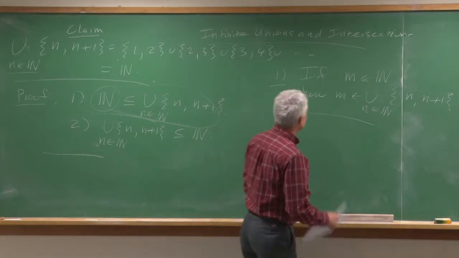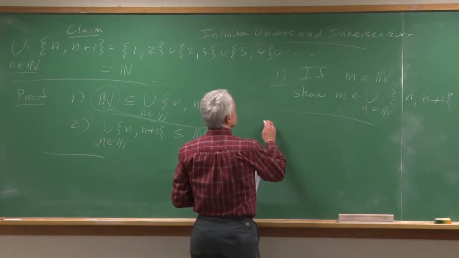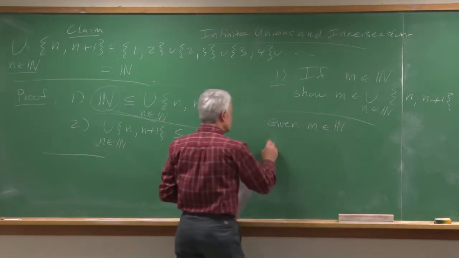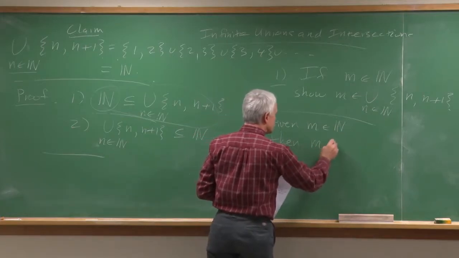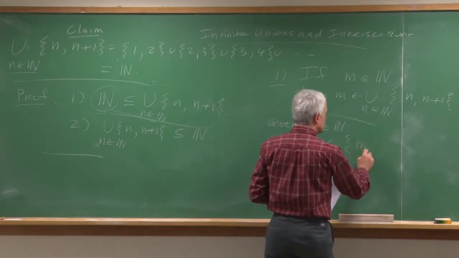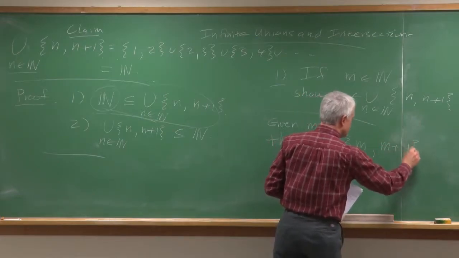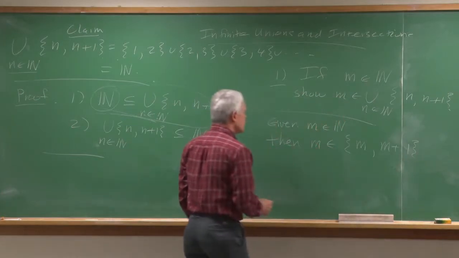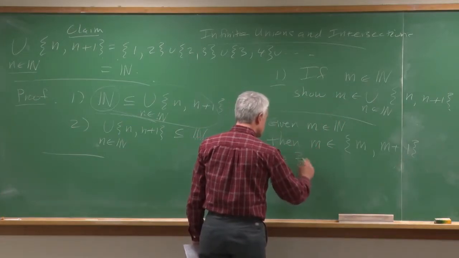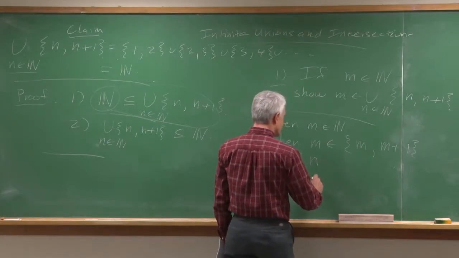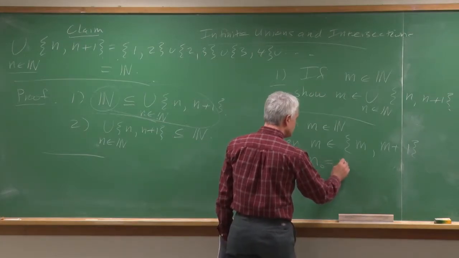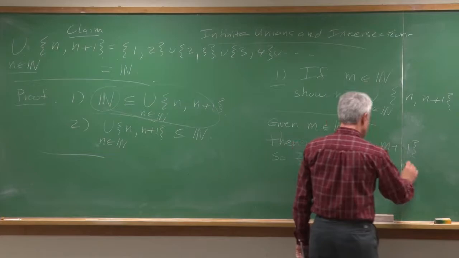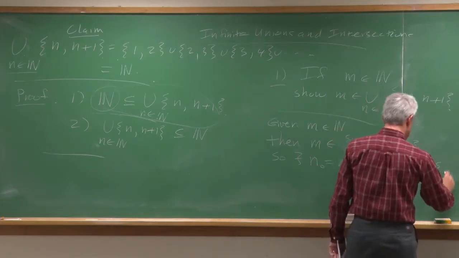Okay. So, given this in here, then my m is certainly, let's use this one. It's in that set of two things, right? So there exists an n, namely, maybe I'll call it n naught, namely this, with m in this set.